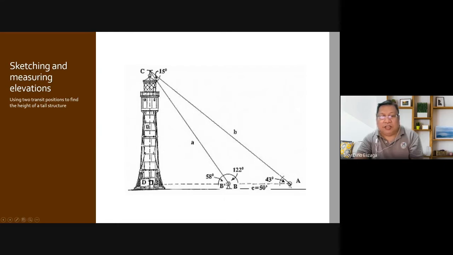You measure this distance to B, and then another distance to A. And then from that point, taking note of your eye level height, you measure the angle of point C. That can be done using a transit, or a laser measure, which can also measure angles.